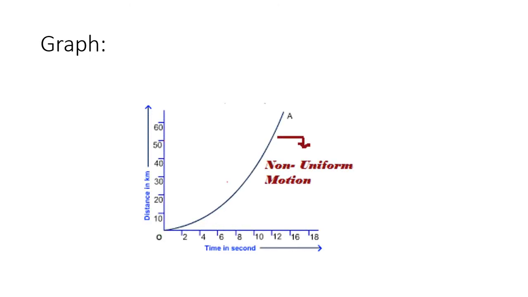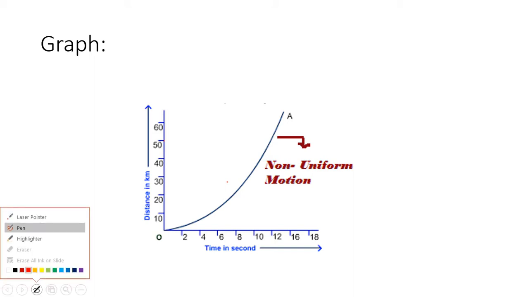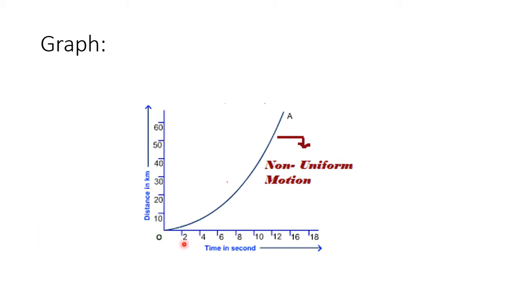See, the non-uniform motion graph is this curve type. This is the curve of non-uniform motion. See, when time was 2 seconds, the distance covered is less than 10 meter. It is near about here.